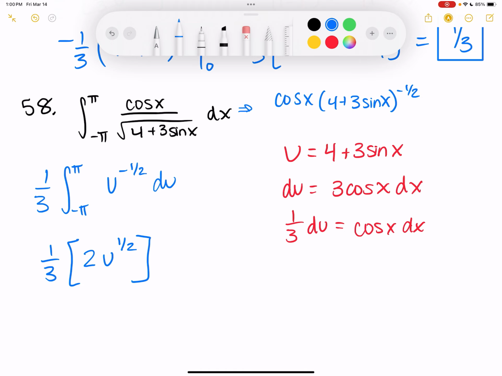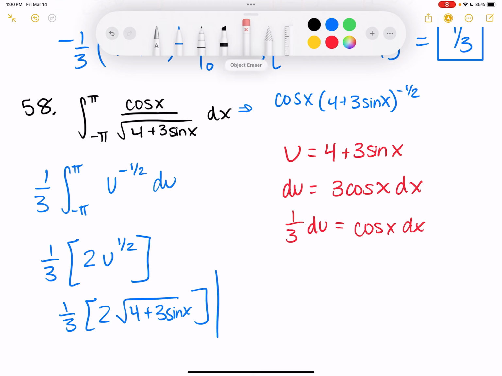So now this is evaluated. No, I'm going to replace first, then I'll evaluate. So 1/3 times 2 square root of 4 plus 3 sine x. Can we call it 2/3? Yeah, we can do that if you want.